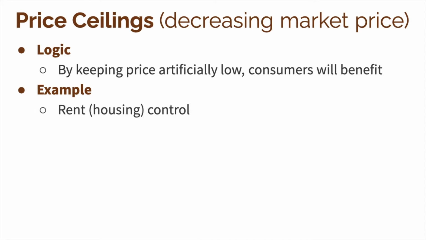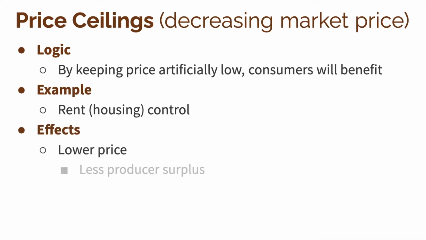In some areas around the country, the government actually limits how much landlords are allowed to charge for monthly rent. And again, the logic behind this is that consumers will benefit, right? People will be able to afford housing, and maybe they can spend their money elsewhere. Maybe some people who wouldn't have been able to afford housing at all now could. That's the logic behind this.